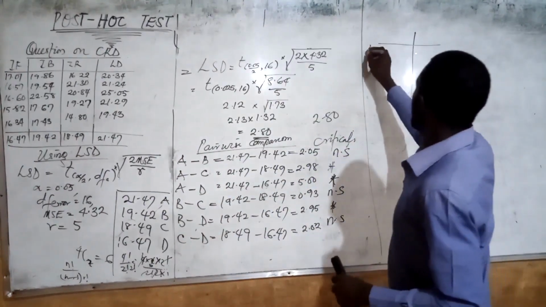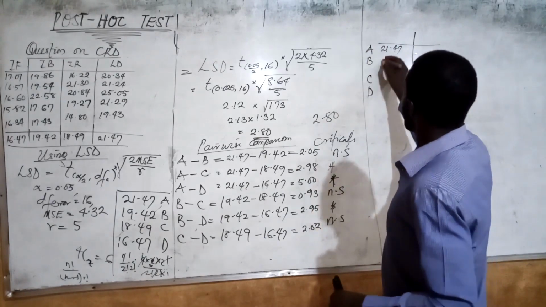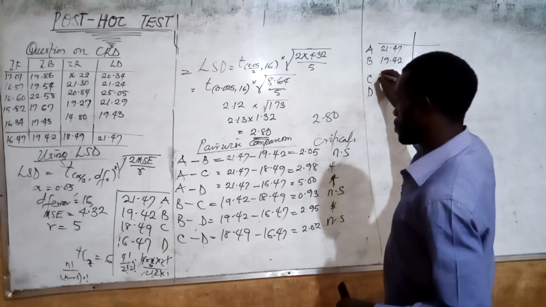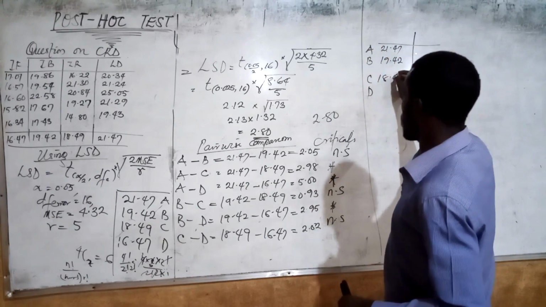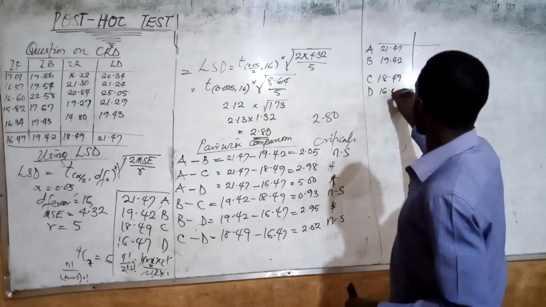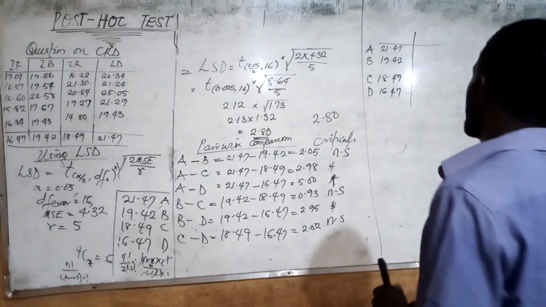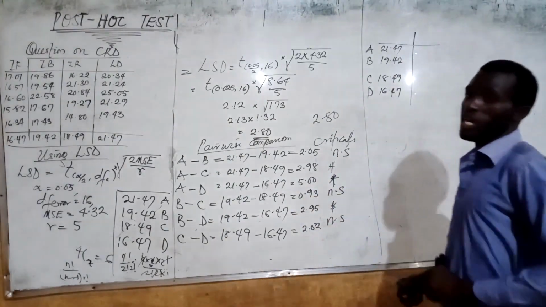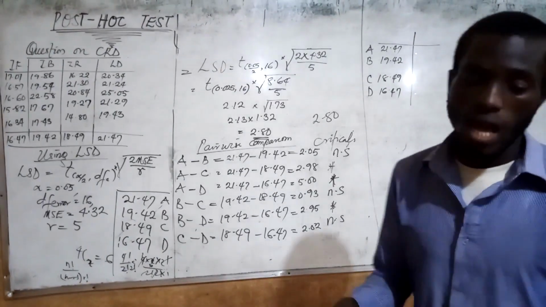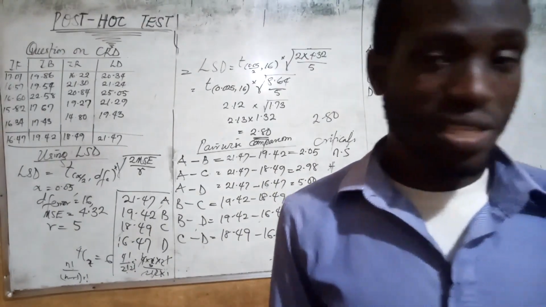So we have A, which was 21.47, B, which was 19.42, C, which was 18.49, and D is 16.47. So what we essentially want to do is see the ones that are significantly different. I told you they are going to have different letters to represent them, while the ones that are not different, we use the same letters to represent them.